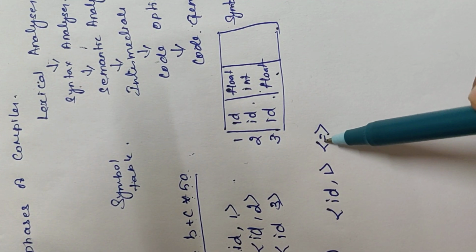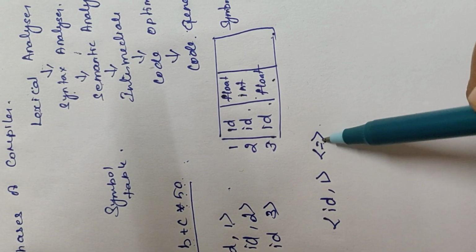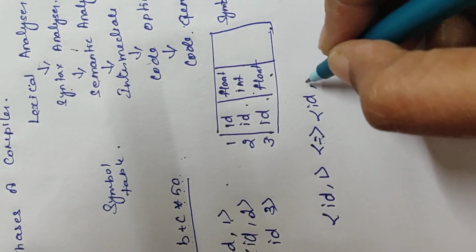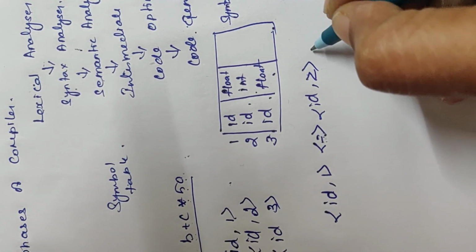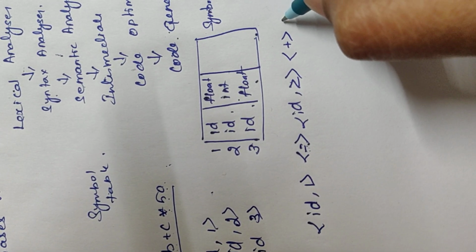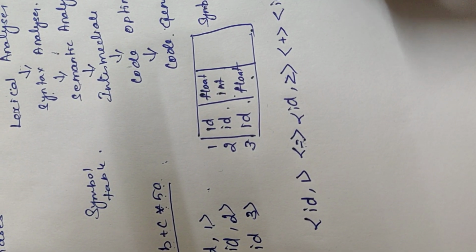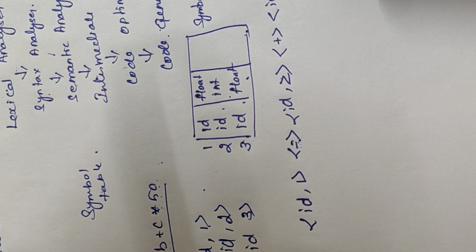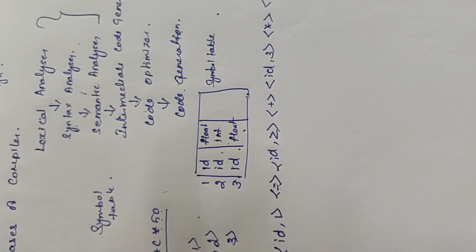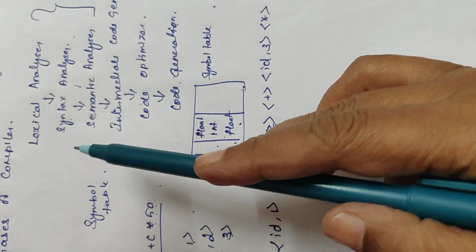For this, it is only an assignment variable, so there is no value, so it is kept as such. Then ID comma 2, plus, ID comma 3, star and 50. This is how your tokens are formed after this lexical analysis phase.